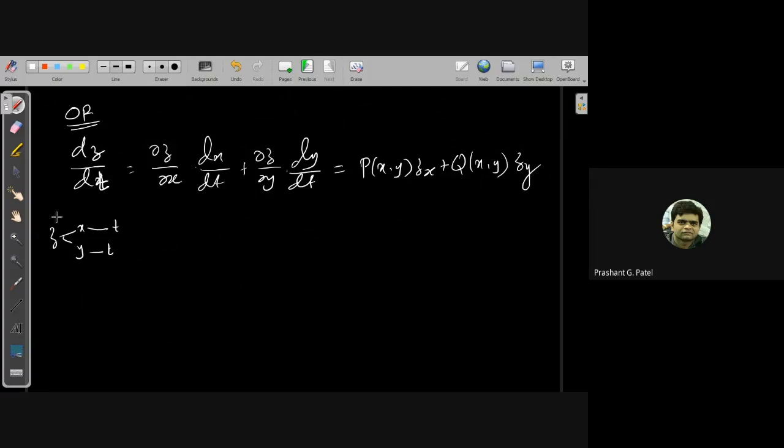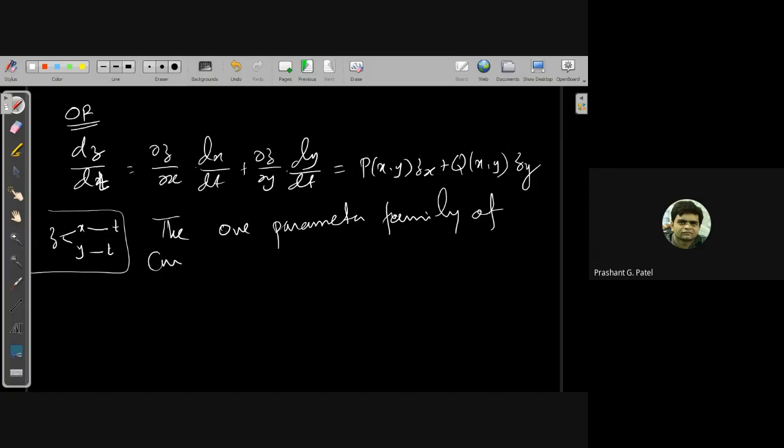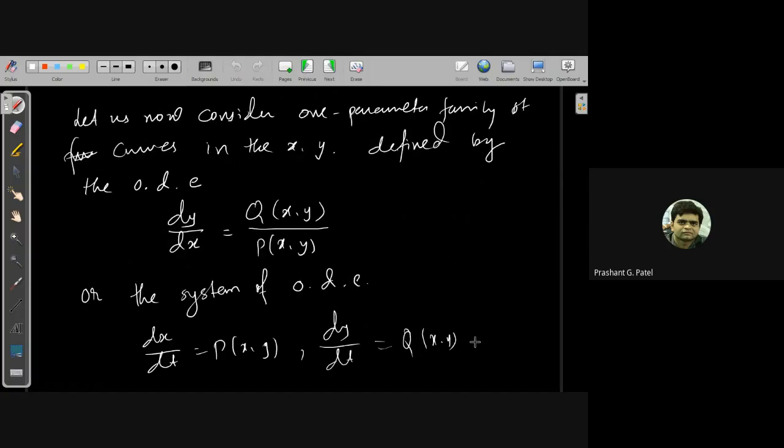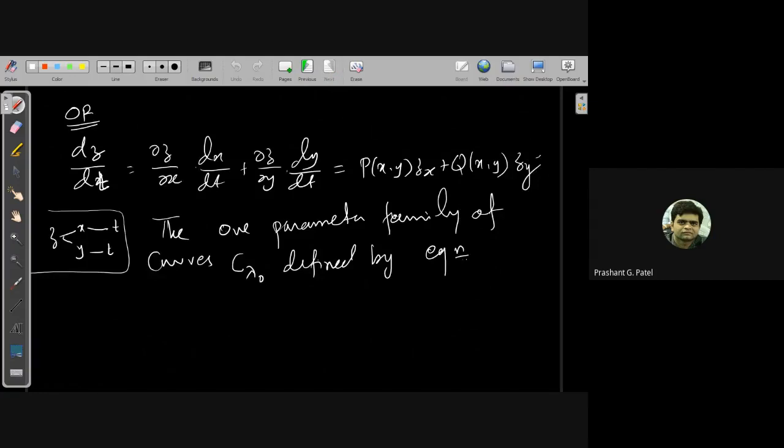So the one parameter family of the curves C lambda 0 is defined by the two equations that we have. Let's say the first one is equation number 2, and the last one we have got is equation number 3.